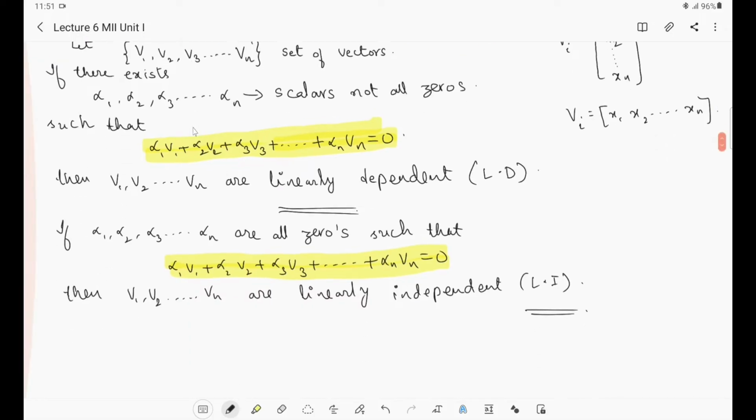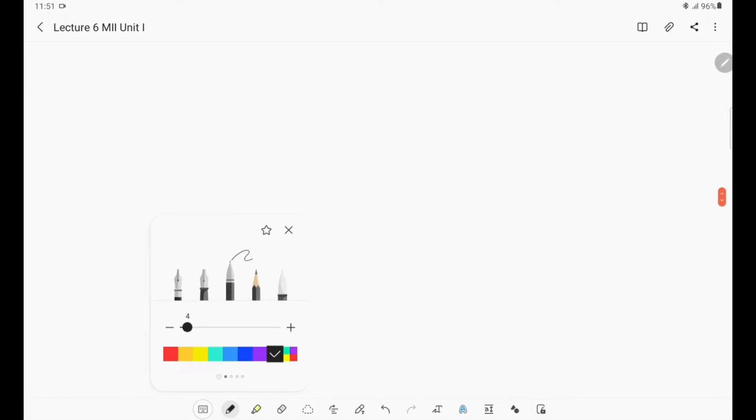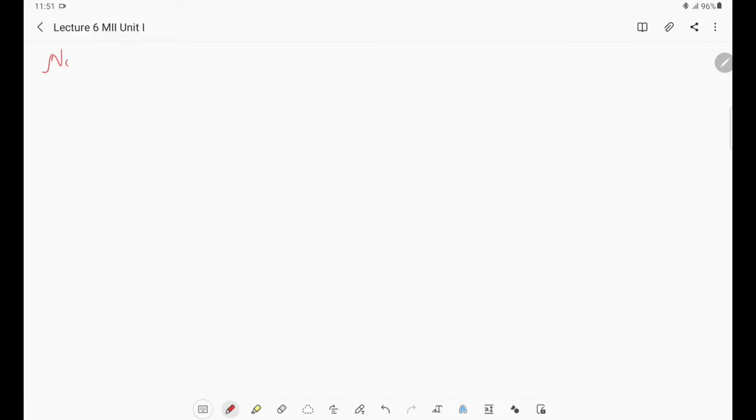So what we have to do, we will make a note here. What is the procedure to solve the problems related to this? Suppose I am given vectors: v1 is given to be a1, a2, a3, v2 is given to be b1, b2, b3, and v3 is given to be, for example, c1, c2, c3.